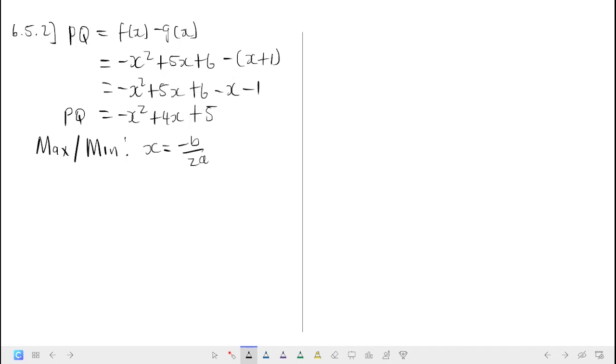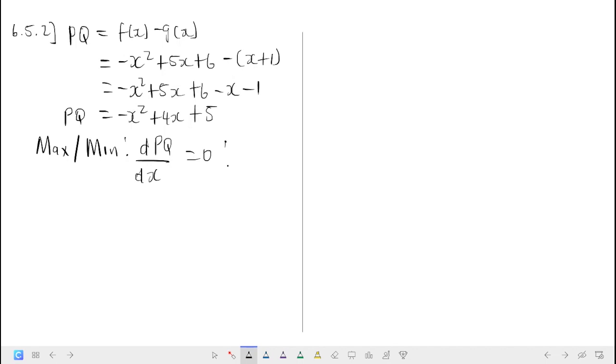Or the much quicker way, what we can do is find the derivative of this, right? So we can make the derivative equal to 0. So we can say dPQ over dx equals 0. Now I want to use this one because it is going to be much quicker. So let's go ahead and do that one.